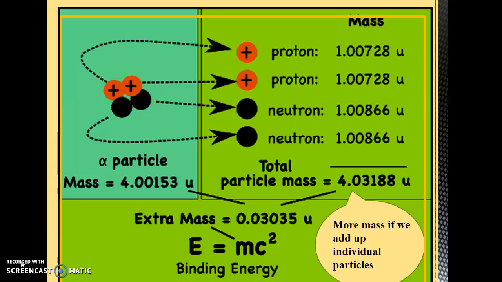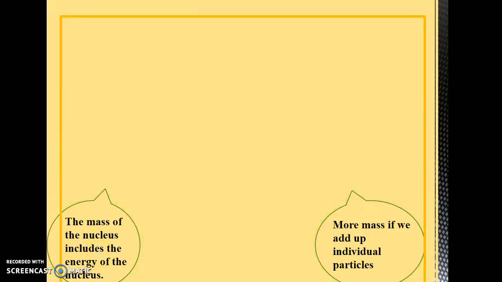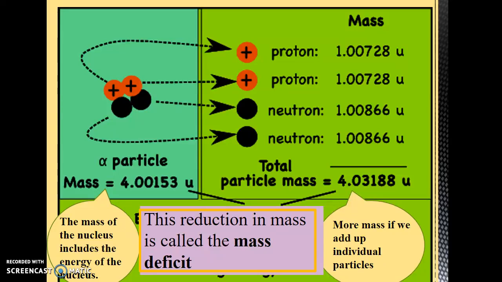So just to make sure you understand, there's more mass if we add up individual particles, and the mass of the nucleus includes this binding energy of the nucleus. This reduction in mass between the right and the left is called the mass deficit.